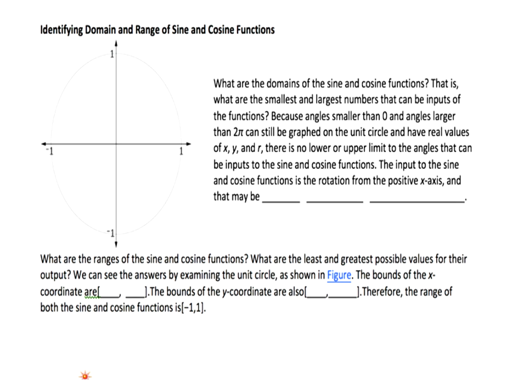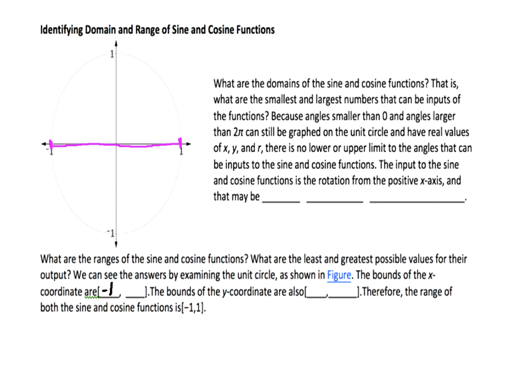Okay, real quick, let's talk about domain and range. If you think about your unit circle, which is where your cosine and your sine functions are born out of, the domain of any function is all possible input values. So we're talking about our x values. And if you notice, the span that they can go through is only from -1 to +1.